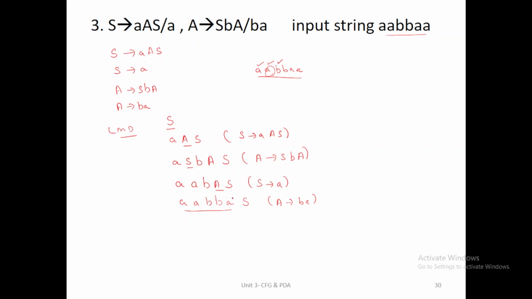Here the first 5 letters are derived, so you write as it is. Then this notation contains only one non-terminal, S. This will be easily replaced as A. So now I am deriving the string. Do you understand it? This is the LMD method.